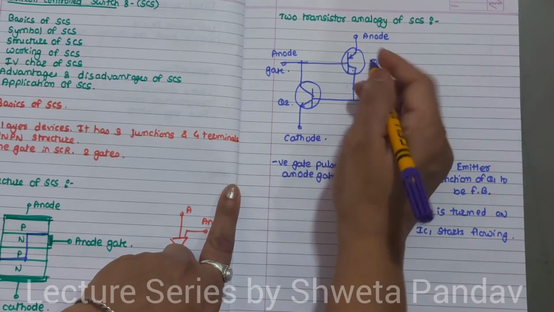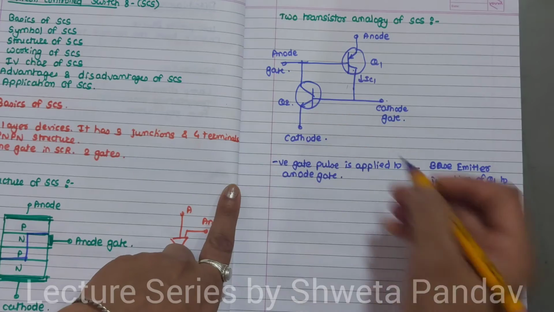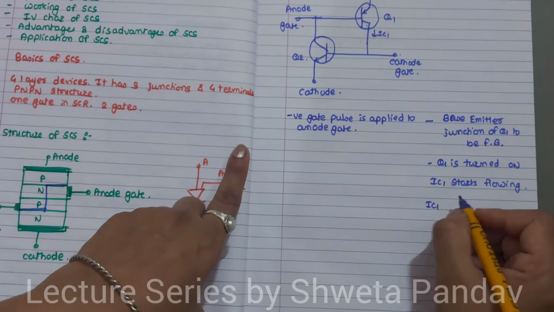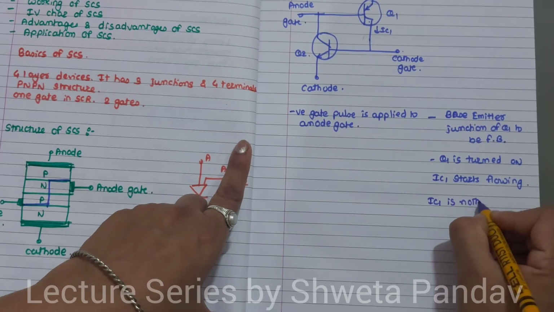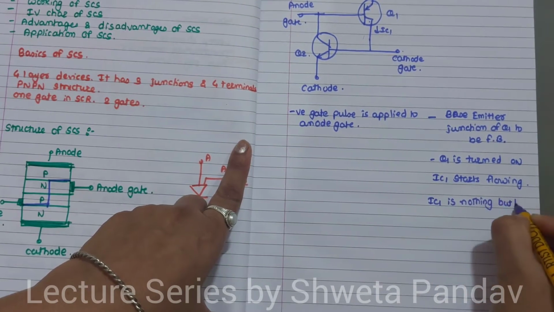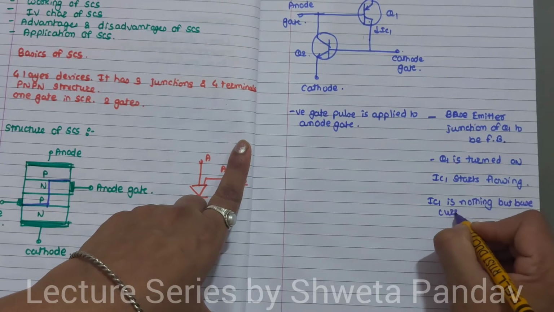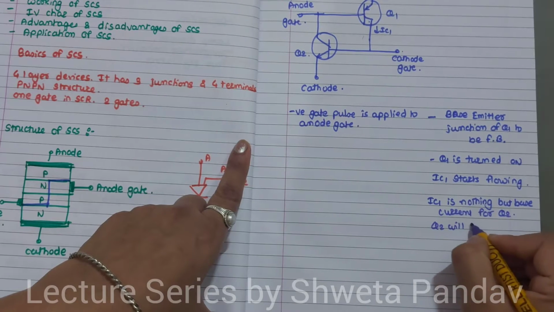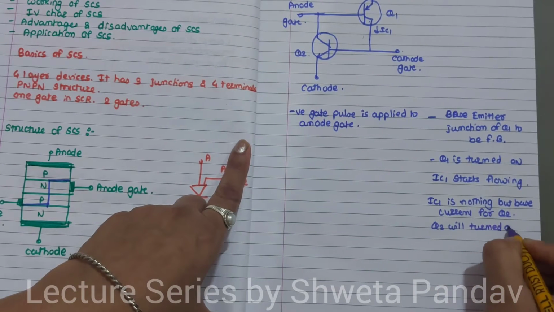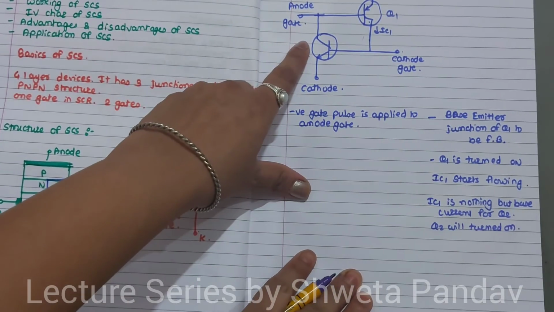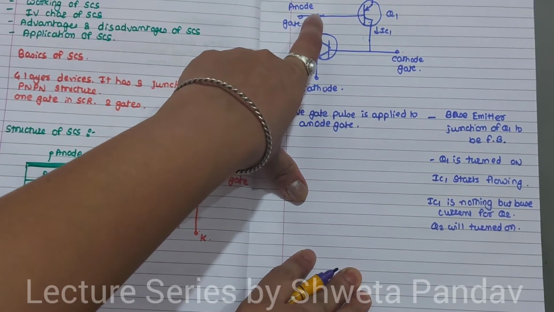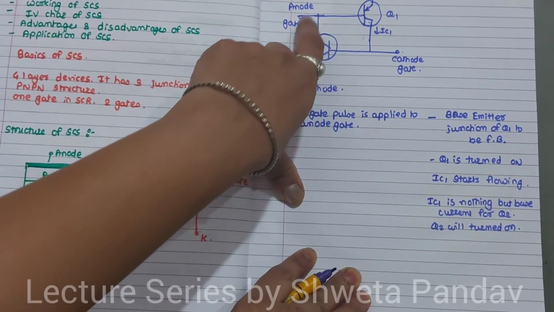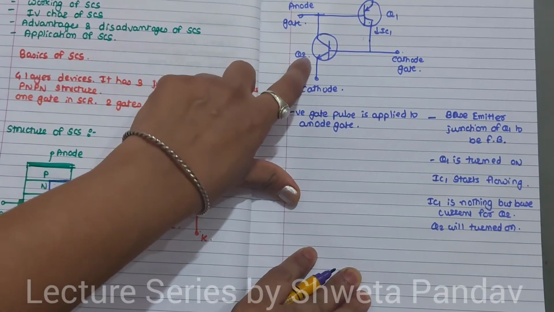So this IC1 current will turn on the Q2 transistor. As Q2 is turned on, the collector current is again flowing across this, and this is nothing but the base current for the Q1 transistor. So continuous current multiplication takes place across the Q1 and Q2 transistors.